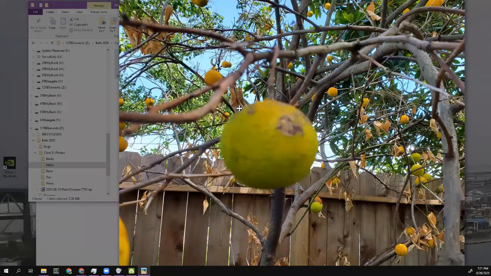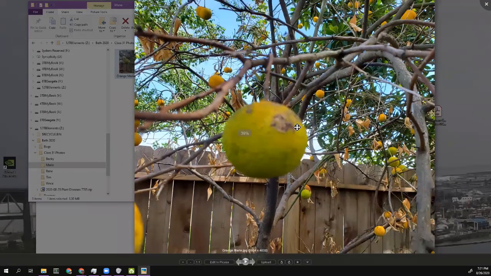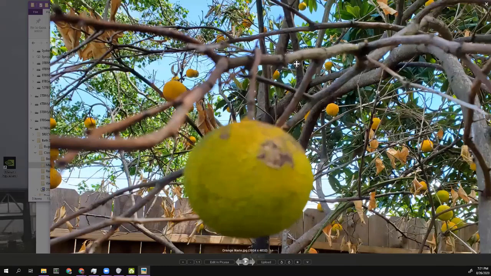It's not rust. There's a little bird pecking going on, but go to the other 2 slides, Beth, because the whole tree is affected. Yeah, I see that. You can kind of see it in the background here.